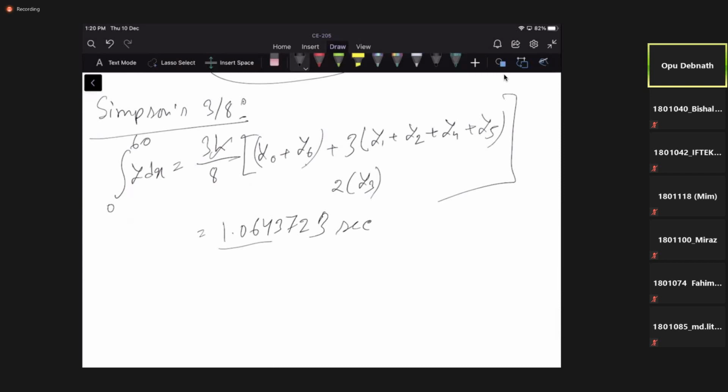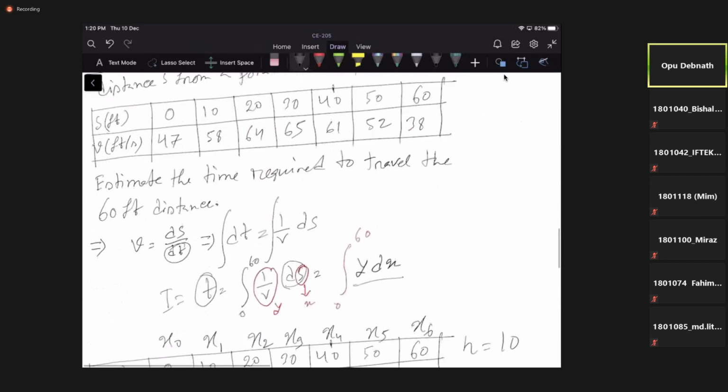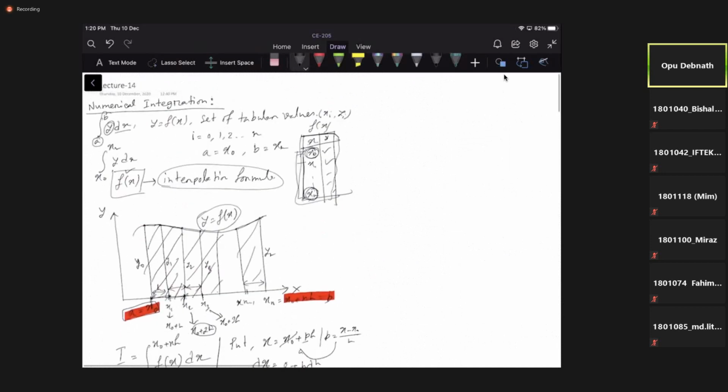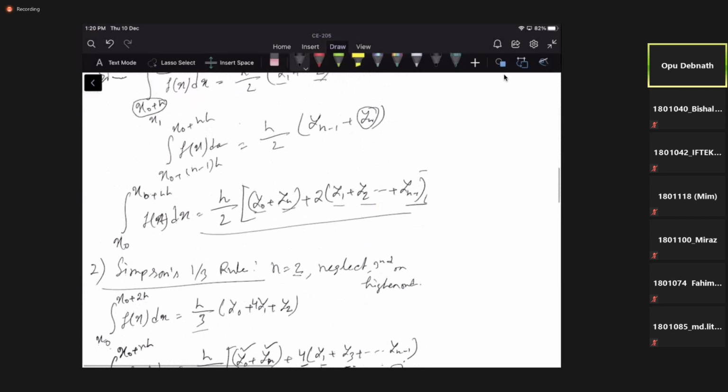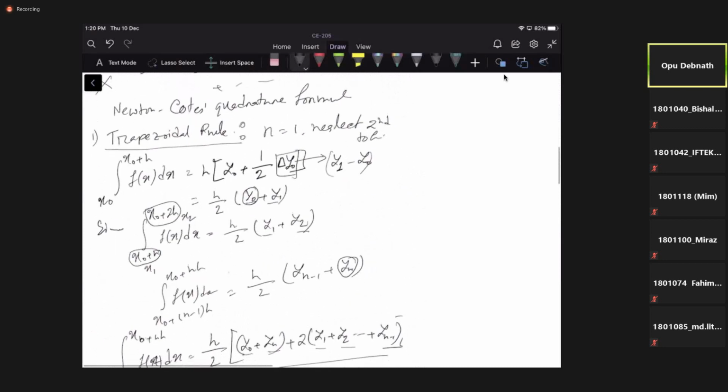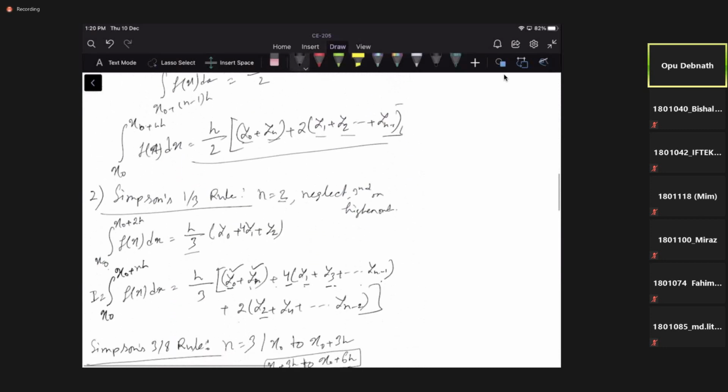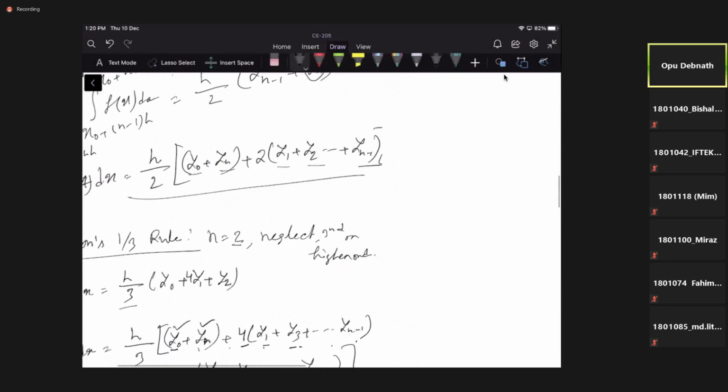So we solved the same problem by two methods. Up to this point, I think numerical integration is a very easy process, and today we learned three methods. You may also follow the trapezoidal rule. For the trapezoidal rule, the formula is h by 2, first term plus last term plus 2 multiplied by the other terms.